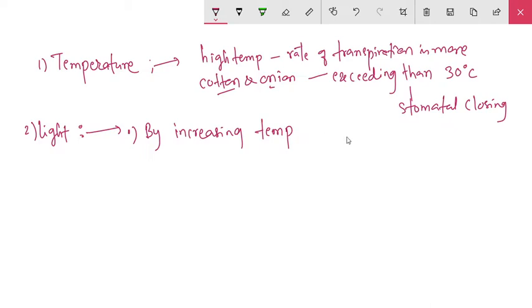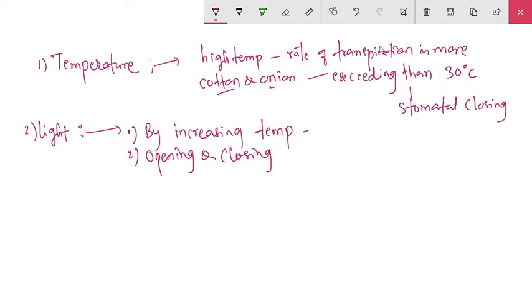Light is directly related with temperature.